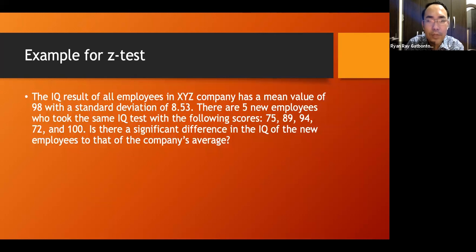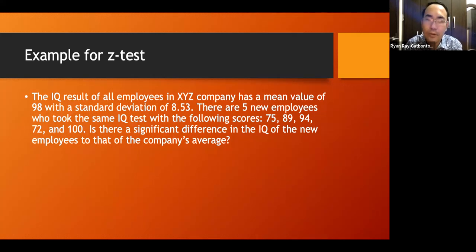There are 5 new employees who took the same IQ test with the following scores: 75, 89, 94, 72, and 100. The question of the researcher is, is there a significant difference in the IQ of the new employees to that of the company's average?